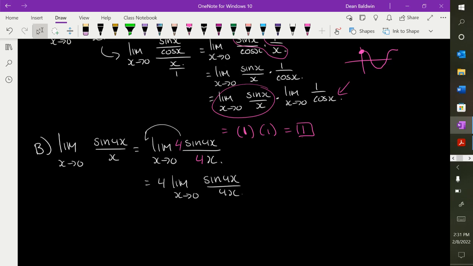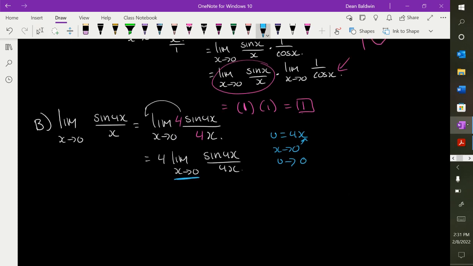Now, I'm going to show you something. Check with Jean-Claude to see if he accepts this. But what you can do is make a substitution. u is equal to 4x. Okay? So if u is equal to 4x and x is going to 0, what is u going to? Well, if I put 0 into there, u is going to 0 as well.